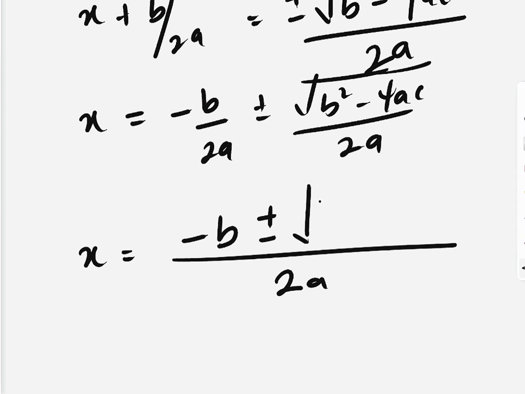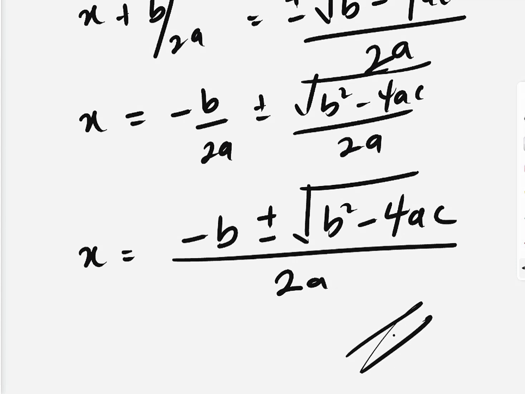We have the square root of b squared minus 4ac. So which is the formula, the quadratic formula for solving a quadratic equation.